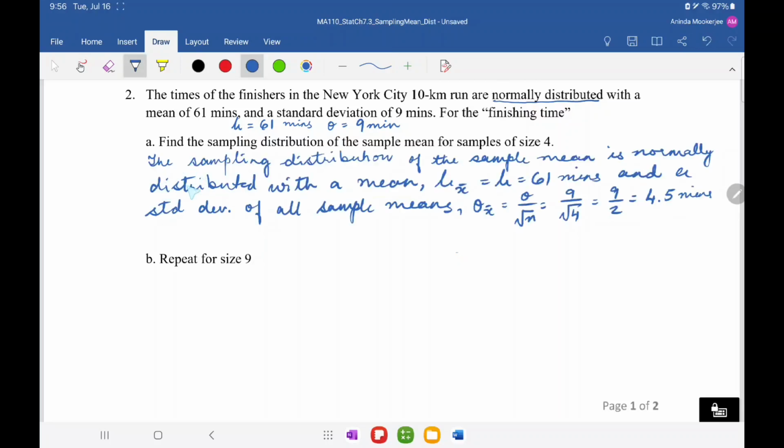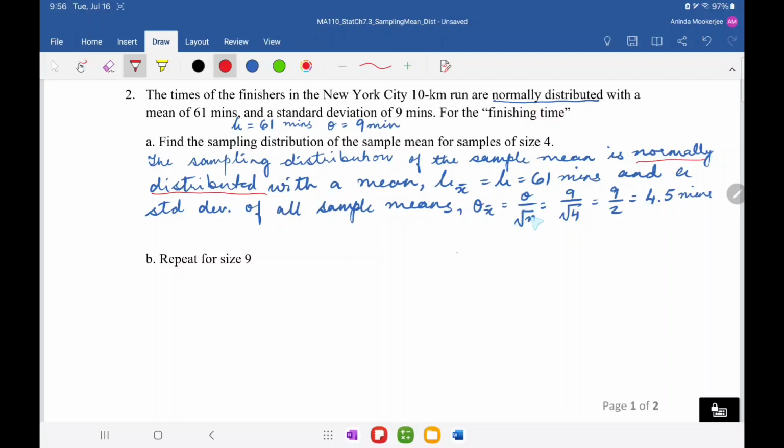So here is the final answer: the sampling distribution of the sample mean is normally distributed with a mean mu sub x bar, that means mean of all the sample means, which is equal to the population mean irrespective of what the sample size is, and that's 61 minutes, and the standard deviation of all sample means denoted by sigma sub x bar.